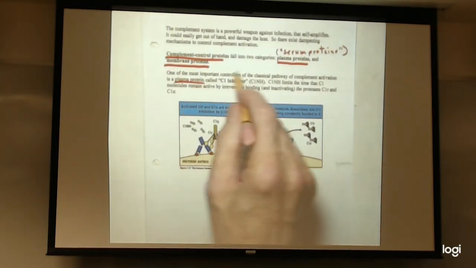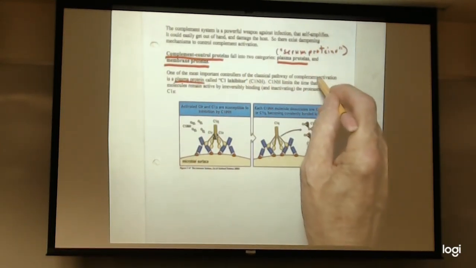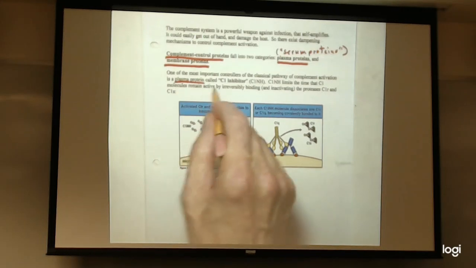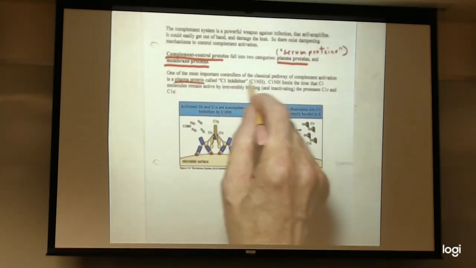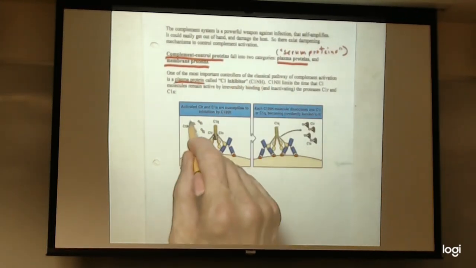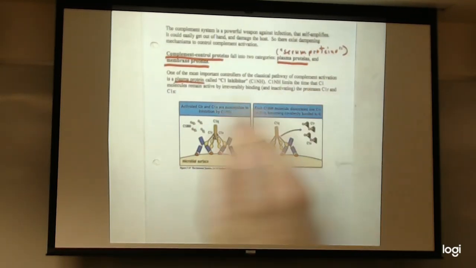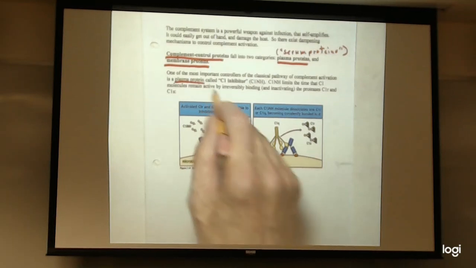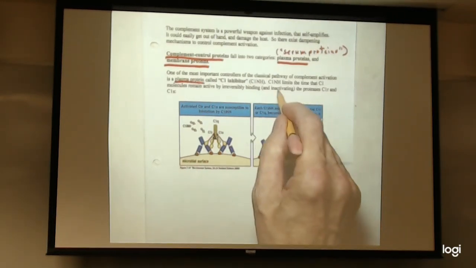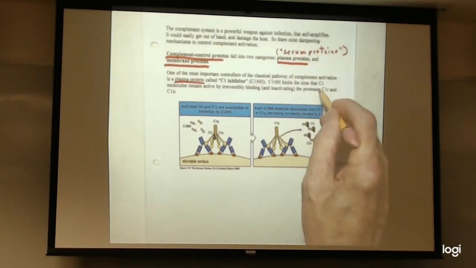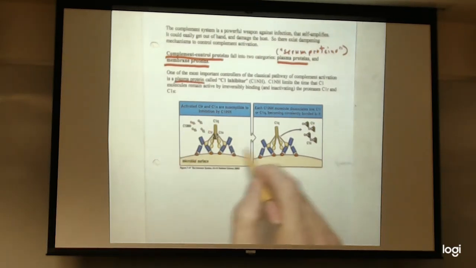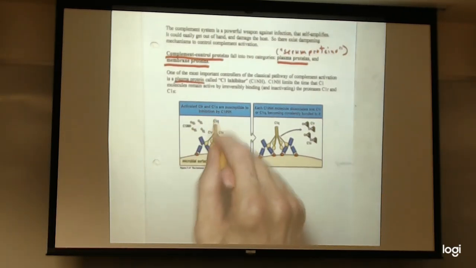One of the most important controllers of the classical pathway is a plasma protein called the C1 inhibitor, C1NH. C1NH limits the time that C1 molecules remain active by irreversibly binding the proteases C1R and C1S.